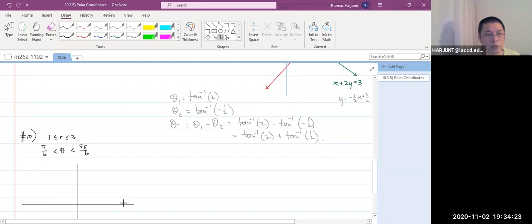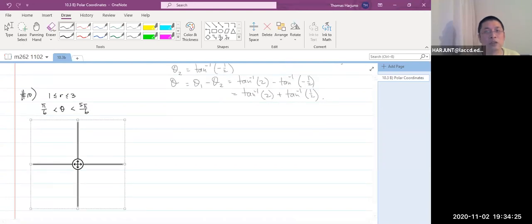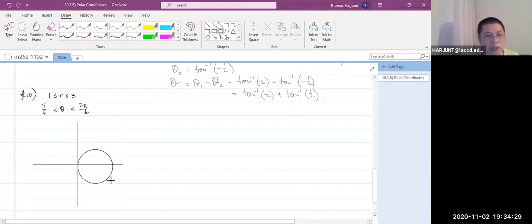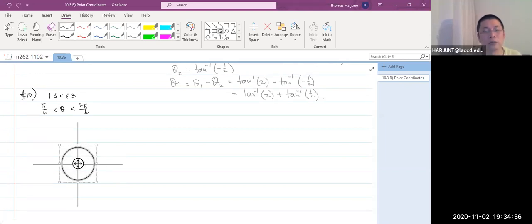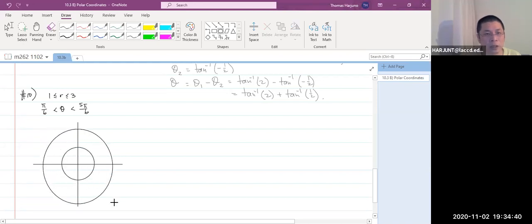So it must be between these two circles, right? Let's say this is the circle with radius 1. I do it not to scale. Okay, and this is the one with radius 3. This is 1, this is 3.